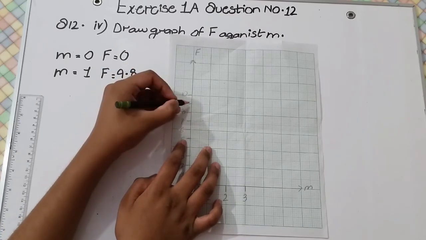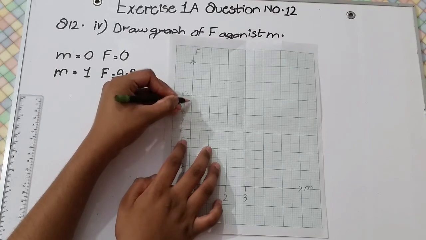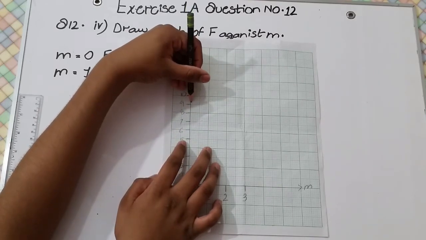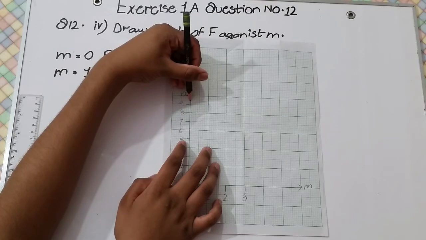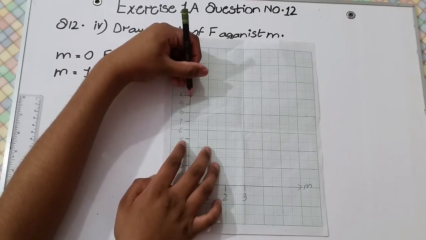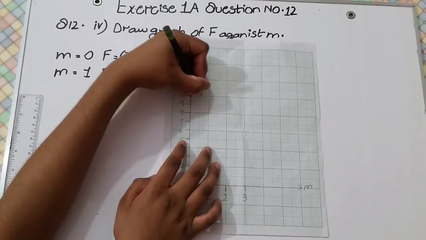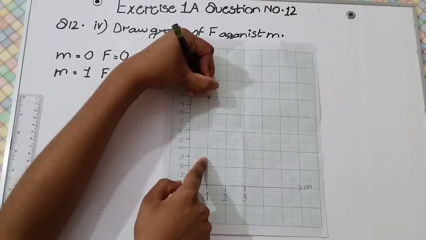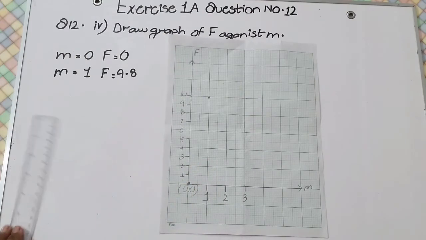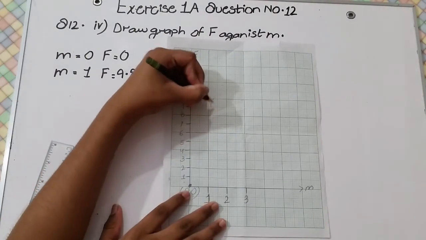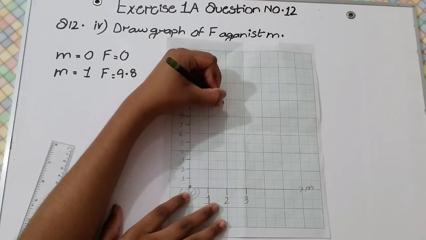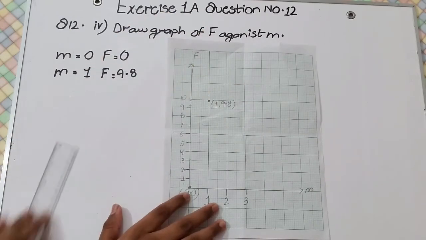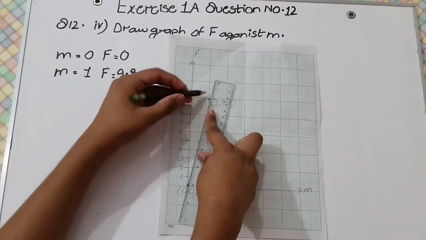So 9.1 is this one square, then 9.2, 9.3, 9.4, 9.5, 9.6, 9.7, 9.8. This is the plotting of the next point, between these boxes. The value for this is 1 and 9.8. So let's simply join these.